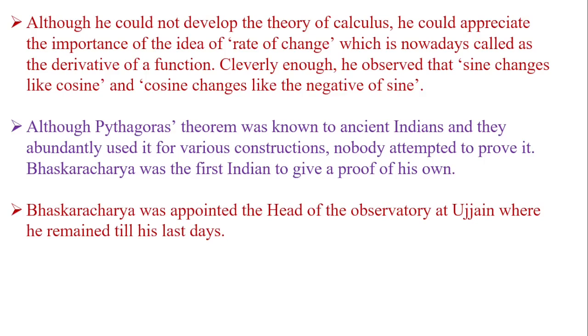The Pythagoras theorem was known to ancient Indians, and they used it very much from time to time for geometric constructions, like Yagnakundas, etc. But nobody actually proved it. The reason the theorem is called the Pythagoras theorem is that Pythagoras was the first one to give a theoretical proof of it. Again, there is some debate about whether Pythagoras was the first to prove it, because this theorem was also known to the Chinese, and one ancient Chinese mathematician called Gogu also gave a theoretical proof.